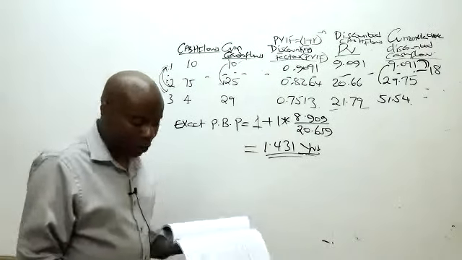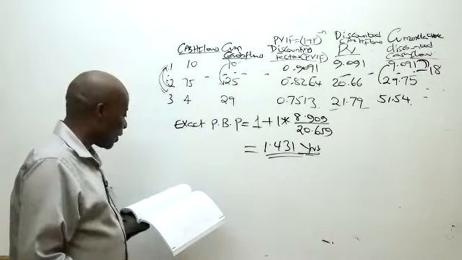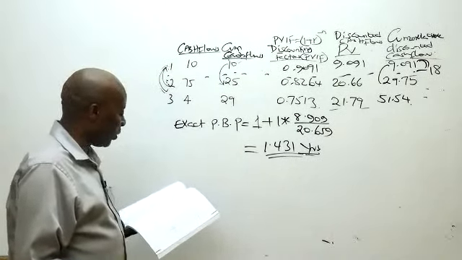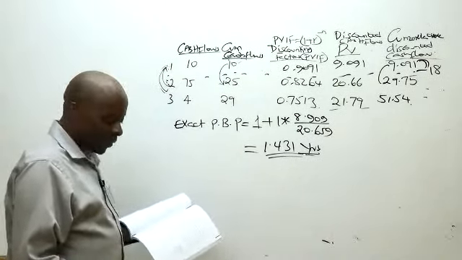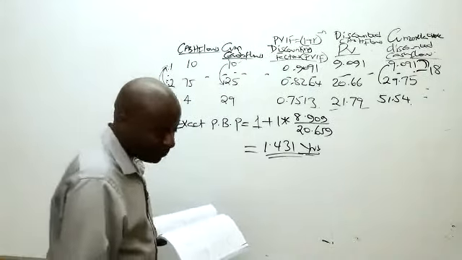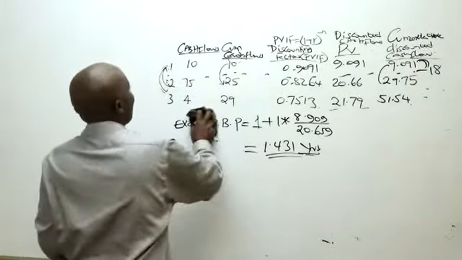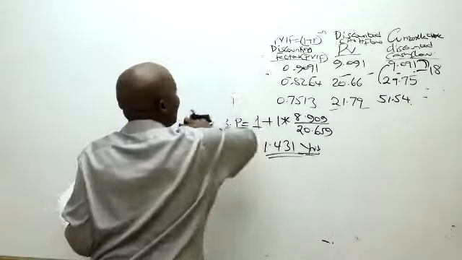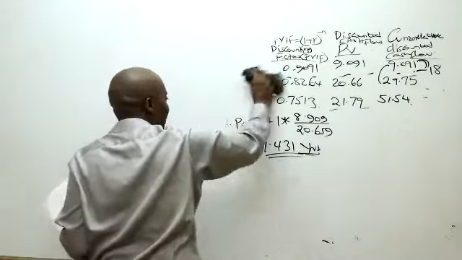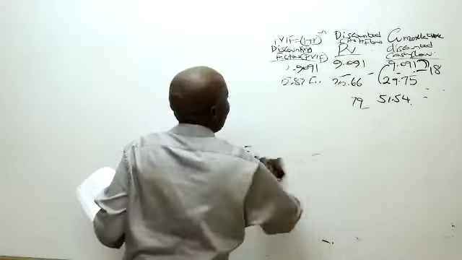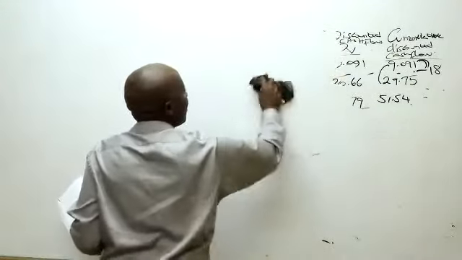I'll first of all compute the discounted payback period for project Alpha. It's even good we started doing this question from scratch.